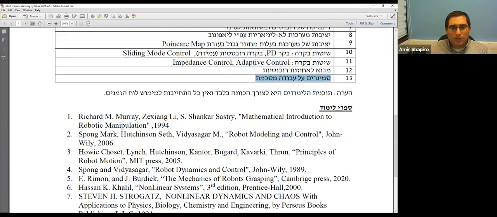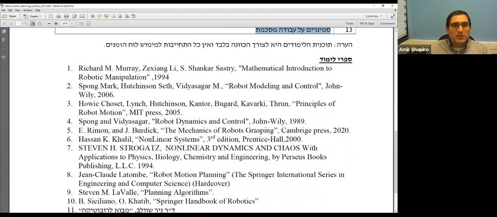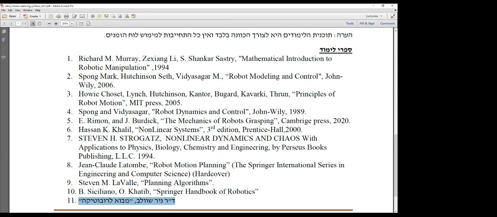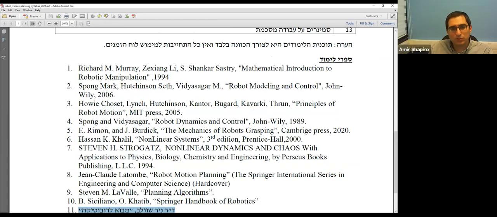I want to recommend a few books. First, there is Introduction to Robotics by Nir Schwalb. This is the book of the previous course, but it's a background that you need to know, especially in advance of the second part of the course, the control part. And there are several other interesting books. The book by Murray, Li and Sastry I recommend.